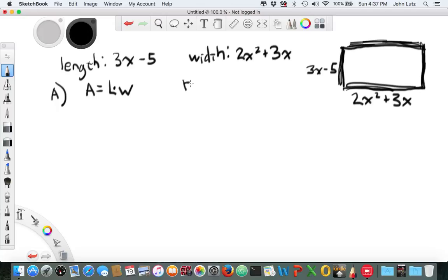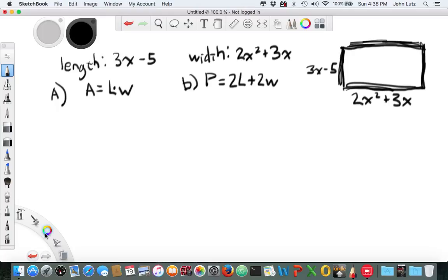Perimeter, just because of that, you can say it's 2 length plus 2 width if you want to for perimeter. You know what, I'm going to back this up and put a P there. P equals 2L plus 2W. That's kind of your accepted thing for it. But really, it's just add this, plus this, plus this, plus this, and you get your perimeter, okay?